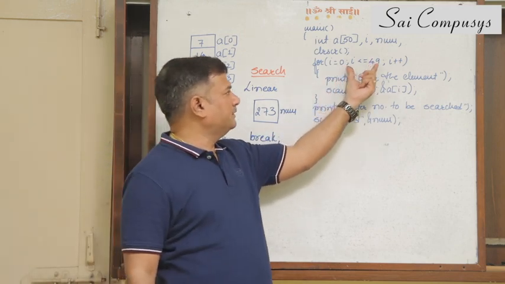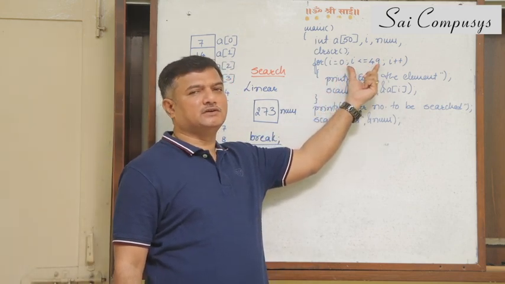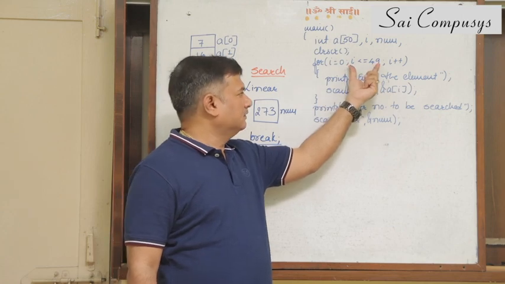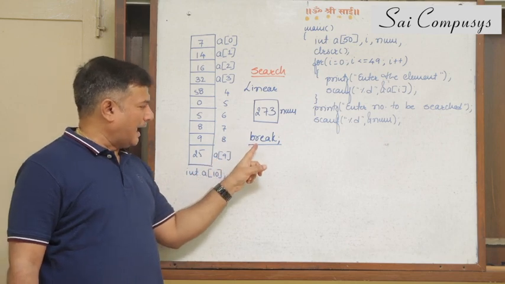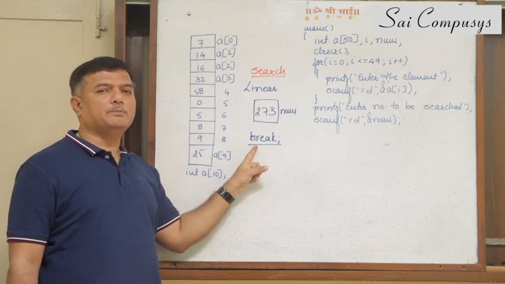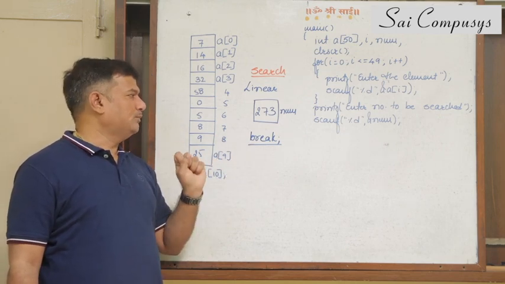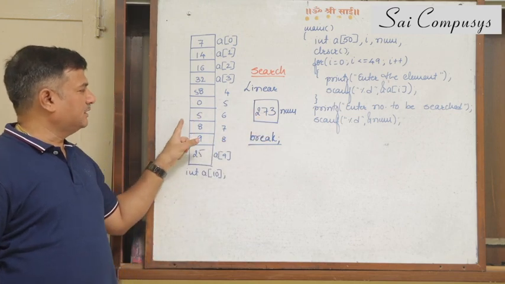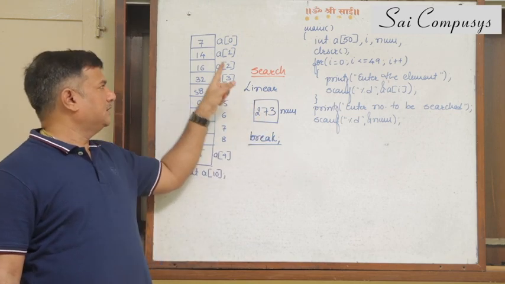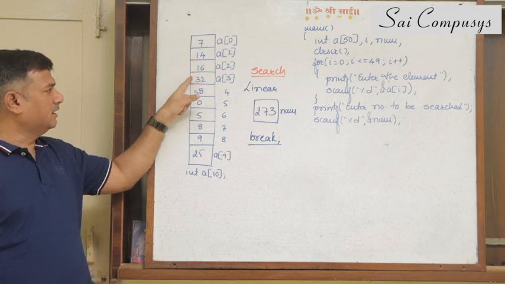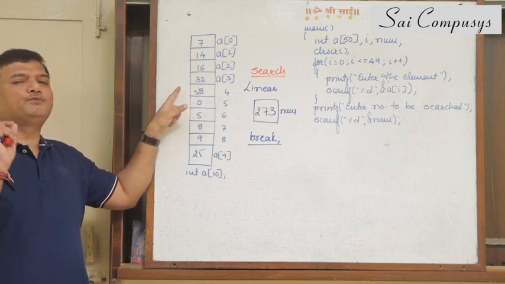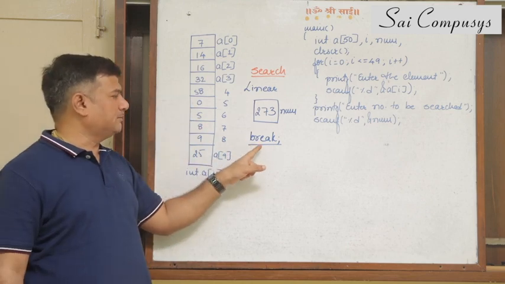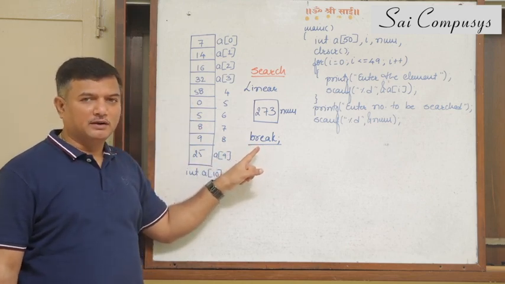Normally the loop is terminated when this condition is false. But when apart from this condition you need to come out of the loop abnormally, then you should be using the break statement. So I'll search this number in this array, start comparing the number with each number of the array, and if I find the number at any position, I'll stop further searching by using the break statement.